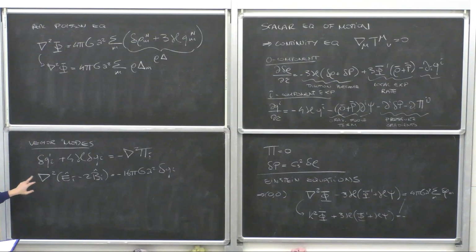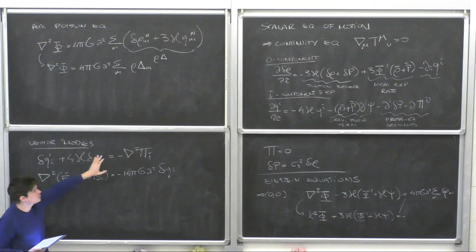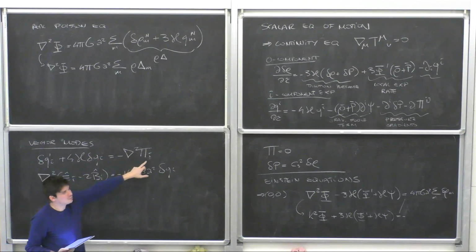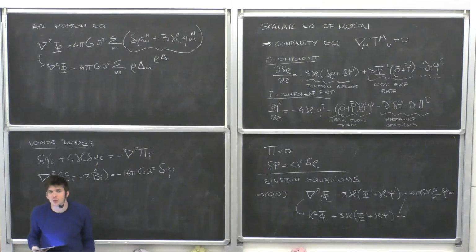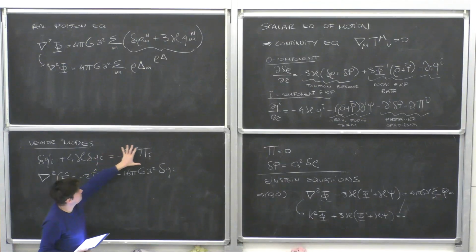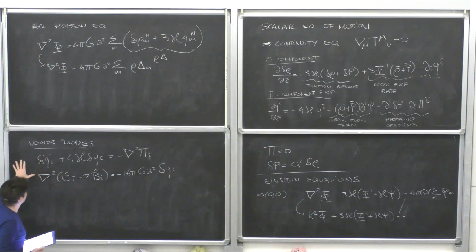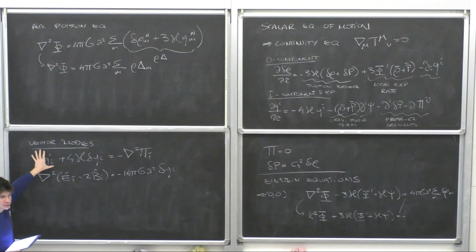Why? Because you see here, momentum decays like a to the minus 4 in the absence of sources, but momentum fluctuations are only sourced by anisotropic stress fluctuations. And for perfect fluids, those are 0. So for every standard thing, you can't really source vector momentum fluctuations.